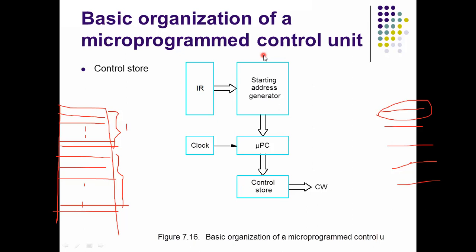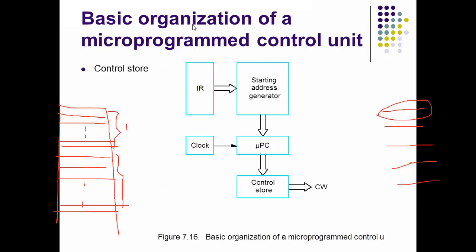Suppose in the middle of the program a branch occurs. Why do we take branches? Suppose we want to repeat a number of instructions two or three times, for example. Then branches are taken, like our loops.